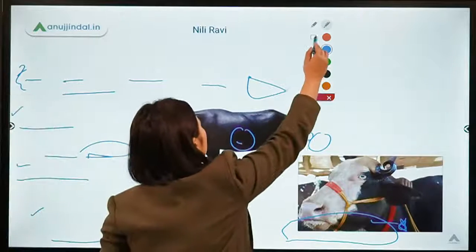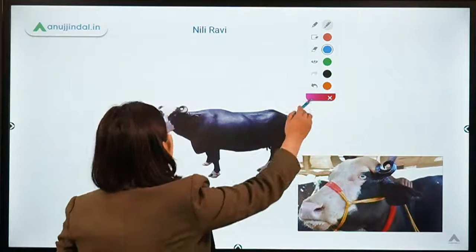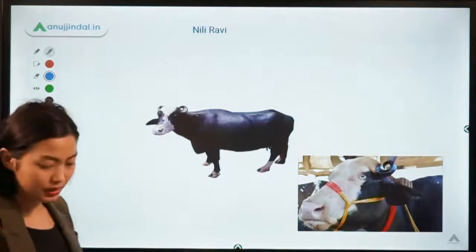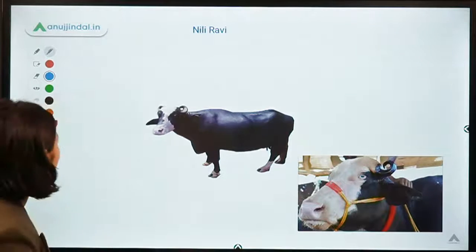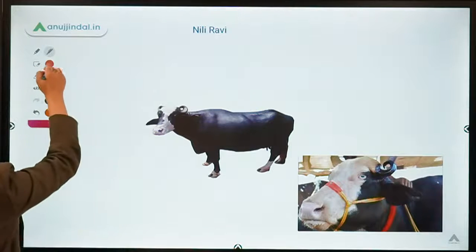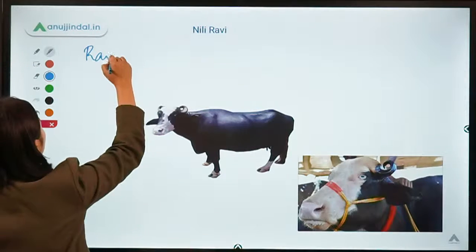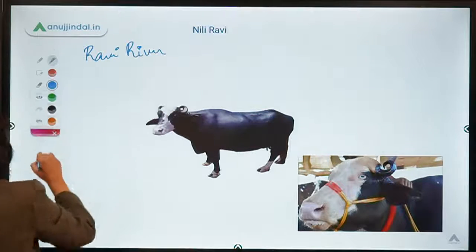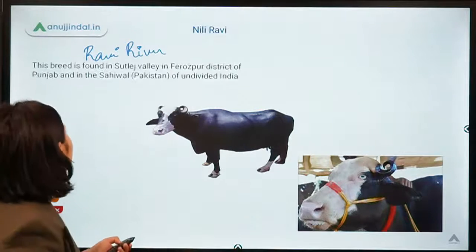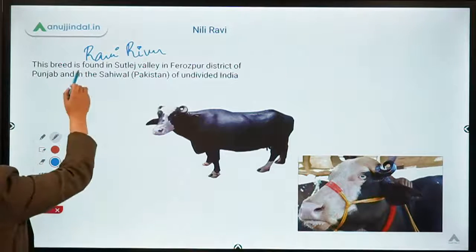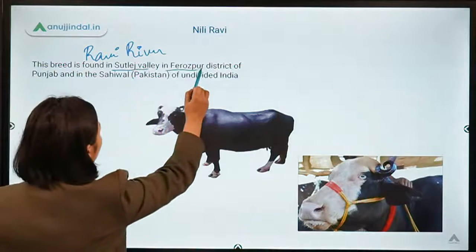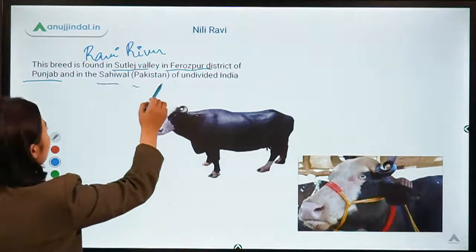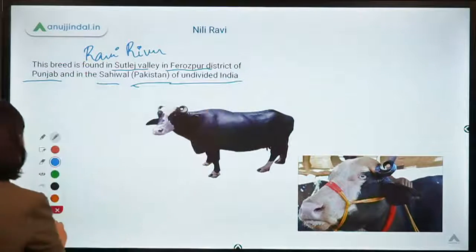Now, coming to another slide, we have the Nili Ravi. Why is this called Nili Ravi? Because it was found along the banks of the Ravi River. This breed is found in the Sutlej Valley and Firozpur district of Punjab, and also in Sahiwal, which is now in Pakistan, in undivided India.